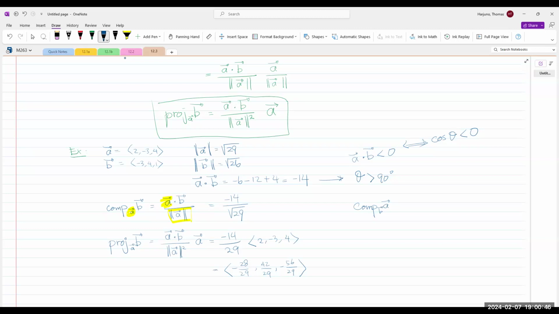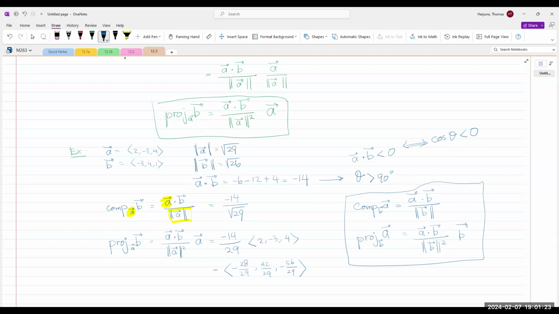Component of vector A onto B will be A dot B, the dot product of those two, divided by the magnitude of the screen, in this case magnitude of B. Now projection of vector A onto vector B is A dot B over magnitude of B squared times vector B. Okay, not the same formula, but you can play around with that.